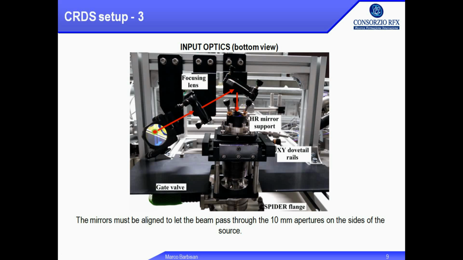So there is this structure which ensures the vacuum tightness of the system, and also allows by translation and rotation to perfectly check the desired position of the optical cavity. In fact, the laser beam must pass in the optical cavity through the 10 mm diameter holes that have been made on purpose on the sides of the source inside SPIDER.